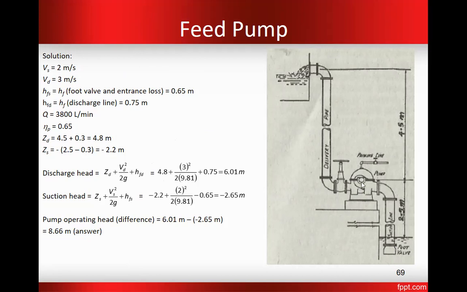Discharge, 4.5, and ito yung 4.5 plus 0.3 is 4.8. Dito naman, Z sub S is negative, 2.5 minus 3.